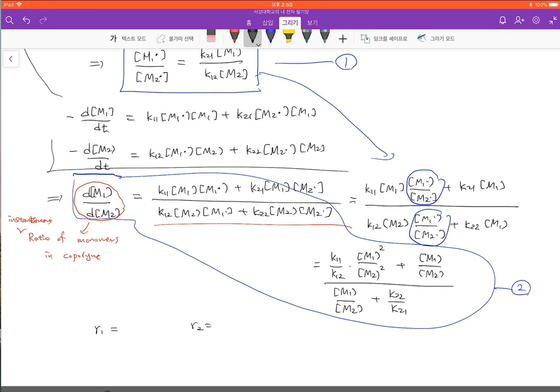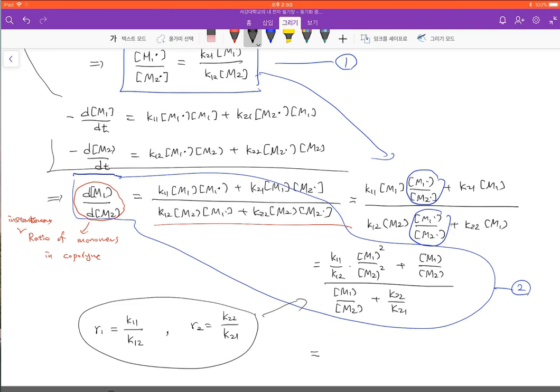you define new variables, small r1 and small r2, where r1 is defined as K11 over K12, and r2 is defined as K22 over K21. It's basically the relative ratio of the monomer reactivity, right?